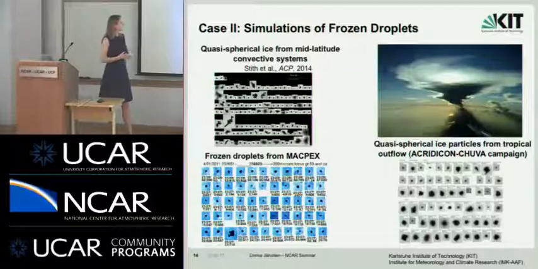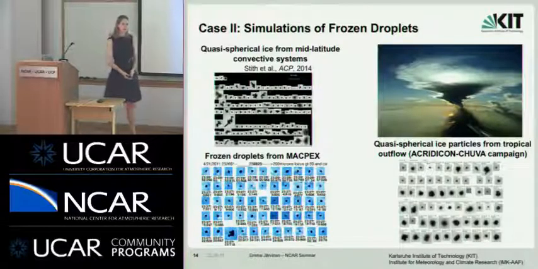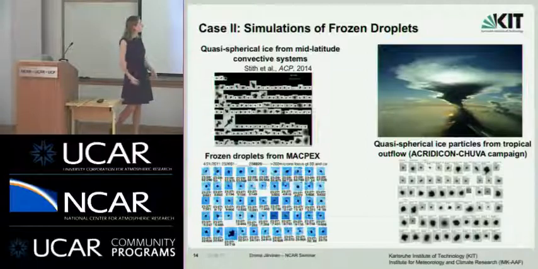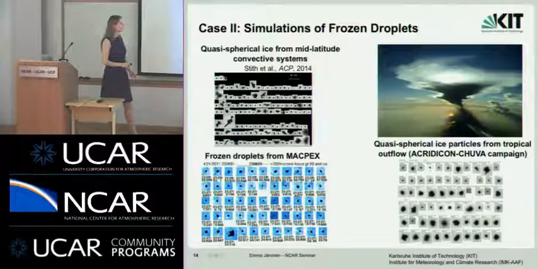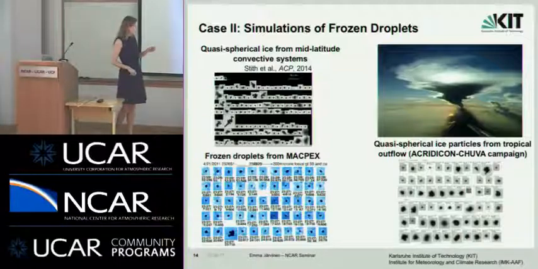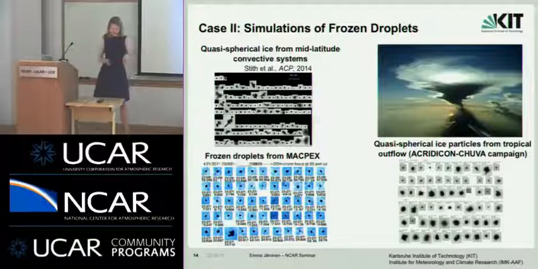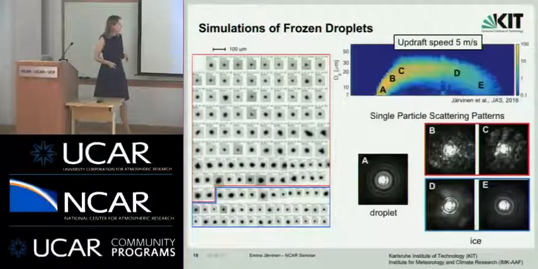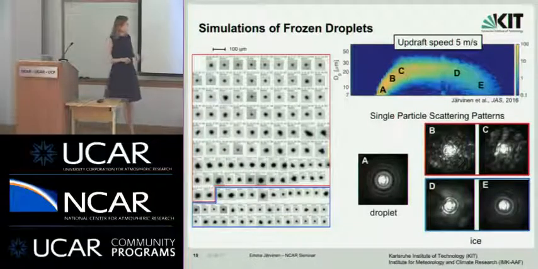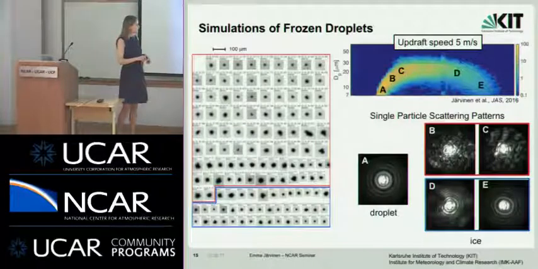Okay, but then we don't only have hollow columns in the atmosphere, so we also did some simulations of convective systems and frozen droplets to really understand how they are developing. What we did is, we started with a liquid cloud, and then we froze it.